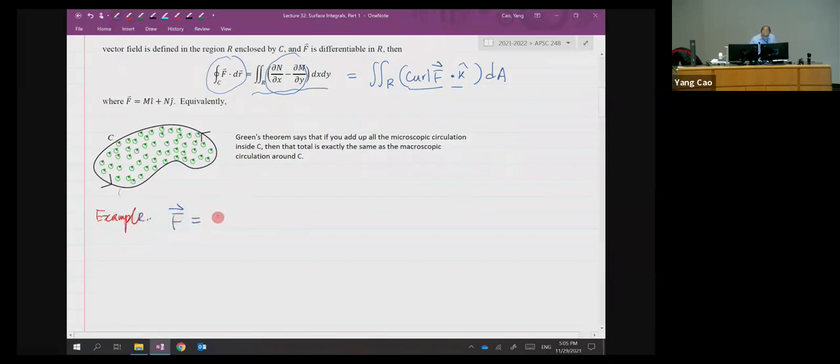So let's say I have a vector field given by this particular expression. So here's a vector field, and curve C is a unit circle at (2, 0).